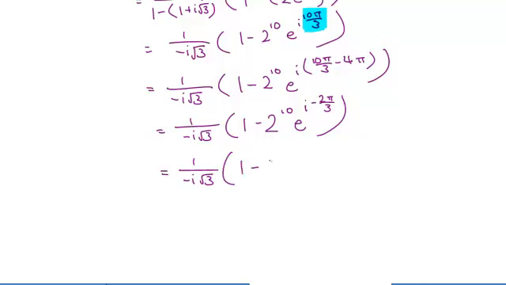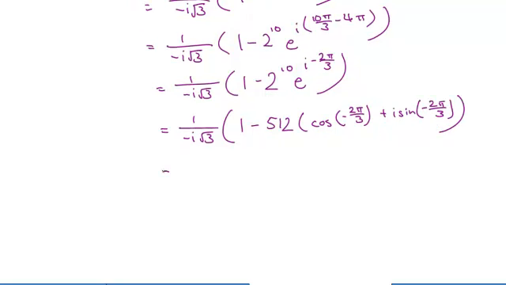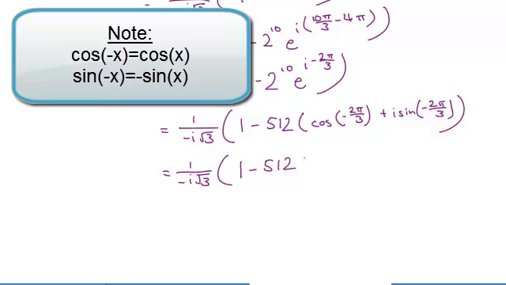Simplifying, I get 1 over negative i root 3, 1 minus 2 to the power of 10, which is actually 512, and here I get cosine negative 2 pi over 3 plus i sine negative 2 pi over 3. And then we will have 1 over minus i root 3, 1 minus 512 cosine 2 pi over 3 minus i sine 2 pi over 3.